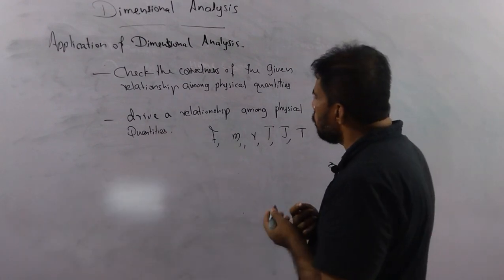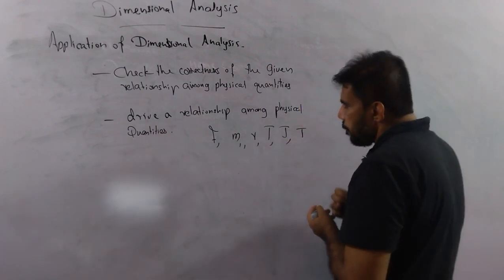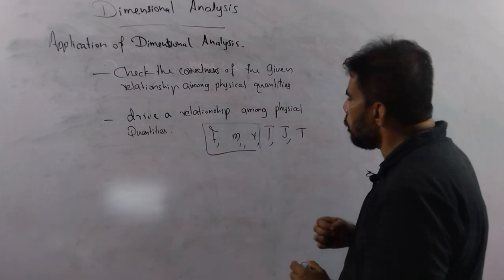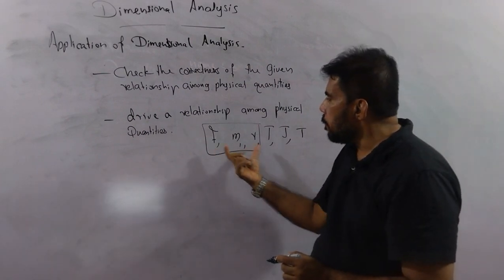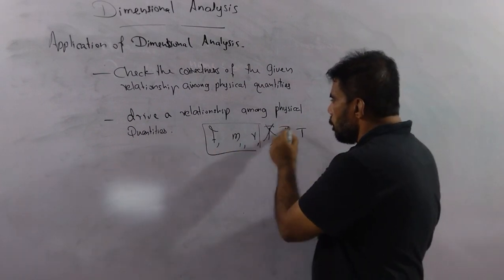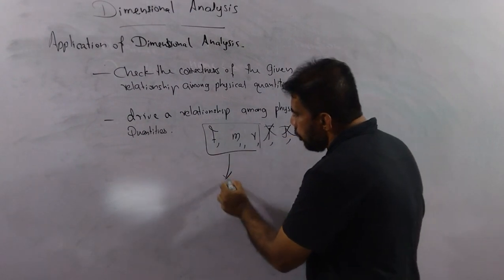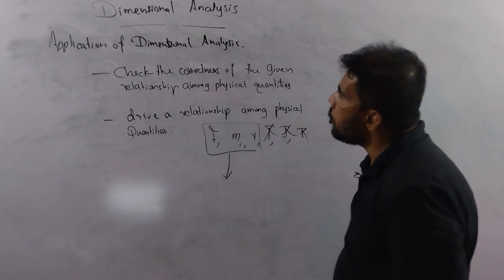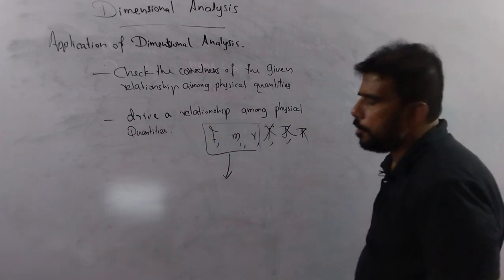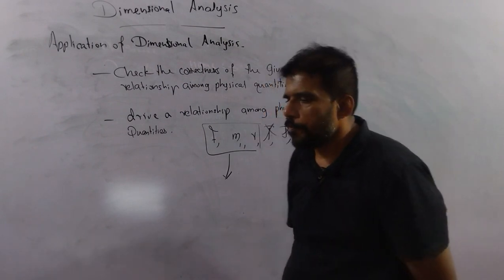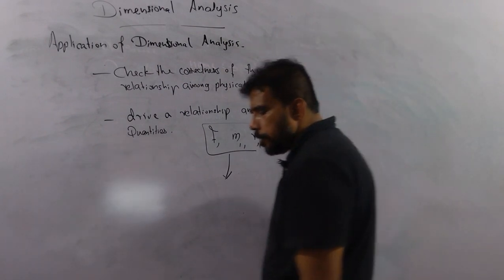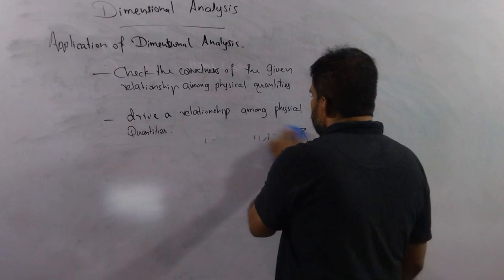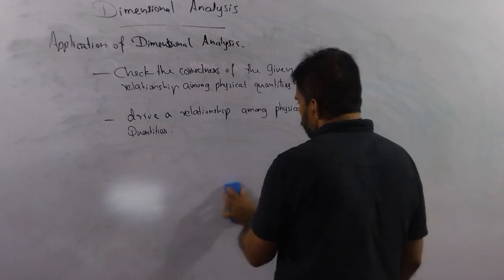Initially he collected a few parameters. Later he ended up with the gravitation relating to these three, not the rest. Then he wanted to define a relationship, and using this dimensional analysis concept he did that and proved it correct. So dimensional analysis is used to derive a relationship among physical quantities.